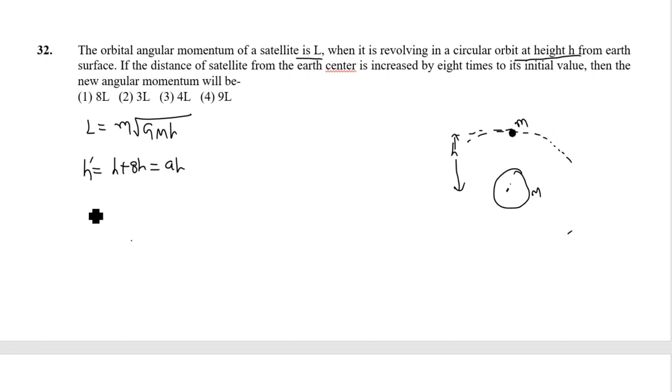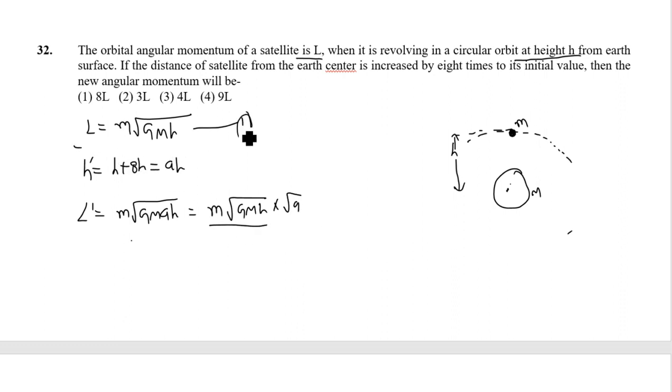Now our new angular momentum L dash uses the same formula, only in place of h I put 9h. If I calculate it, I get m root over of GM h into root over of 9. What is this? This is our L.